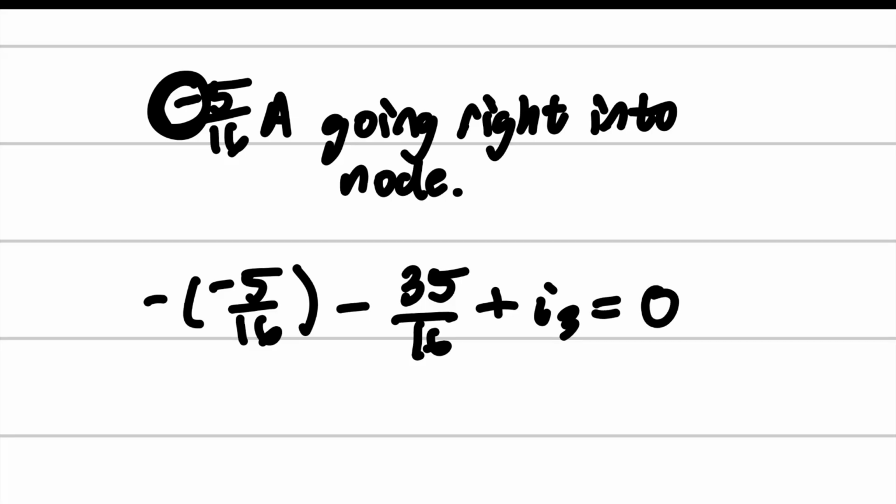And what are we going to get? We're going to get I3 equals negative 15/8.